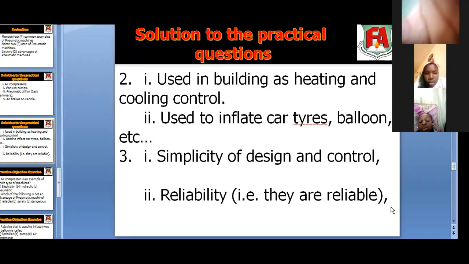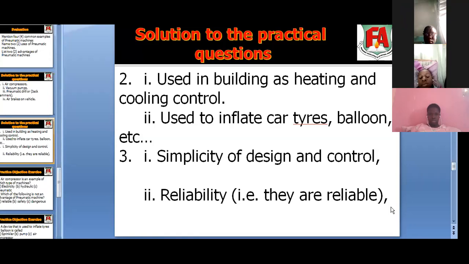Since it is used as cooling and heating control, it's just an example of AC. Exactly, because it uses a pressurized gas either for cooling or for heating. And 2, it is used to inflate car tires, balloons, etc.